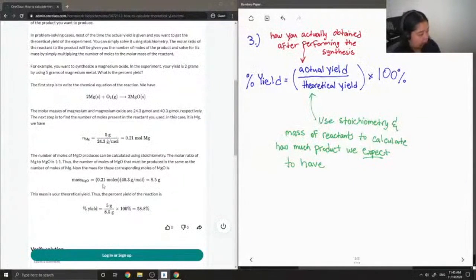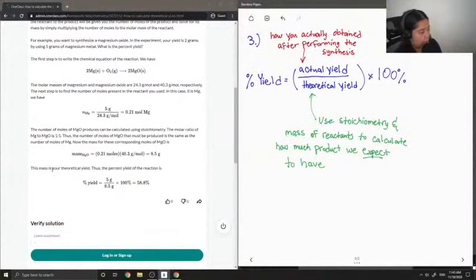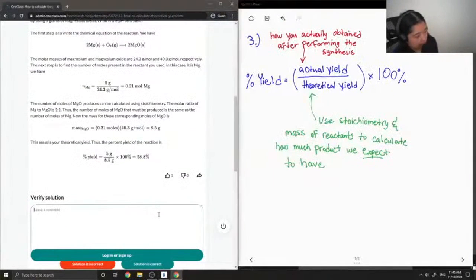So now they multiplied the 0.21 moles that you find in the previous step by 40.3 grams per mole and got a theoretical yield of 8.5 grams. So this mass is your theoretical yield, thus the percent yield of the reaction is 5 divided by 8.5 times 100, which is equal to 58.8%, which actually isn't bad in a synthesis.